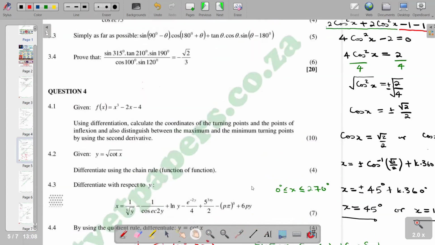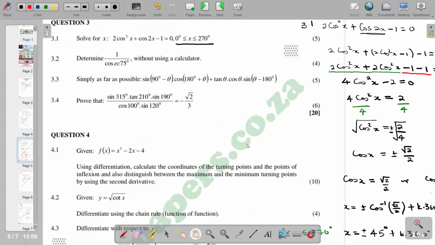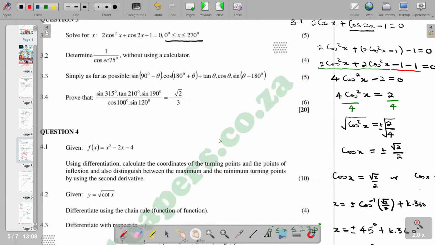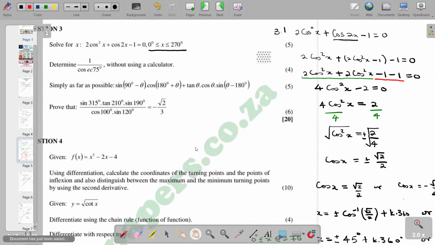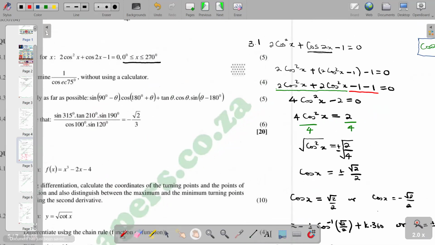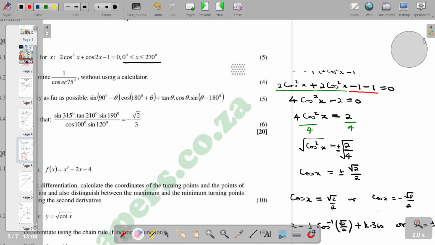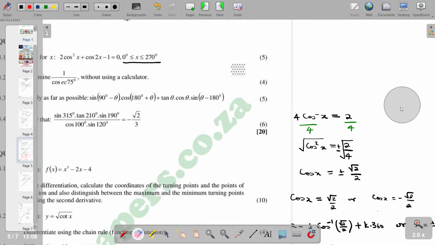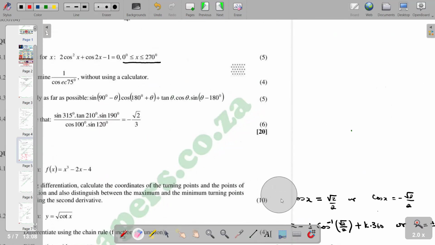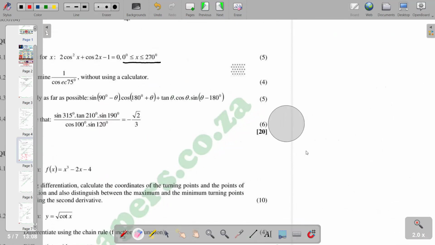Question 3.3 is saying simplify as far as possible. So we need to erase all this. Let's erase all that part.